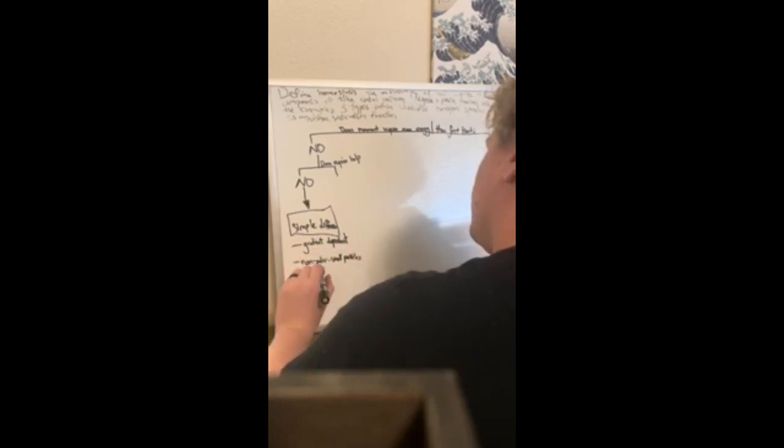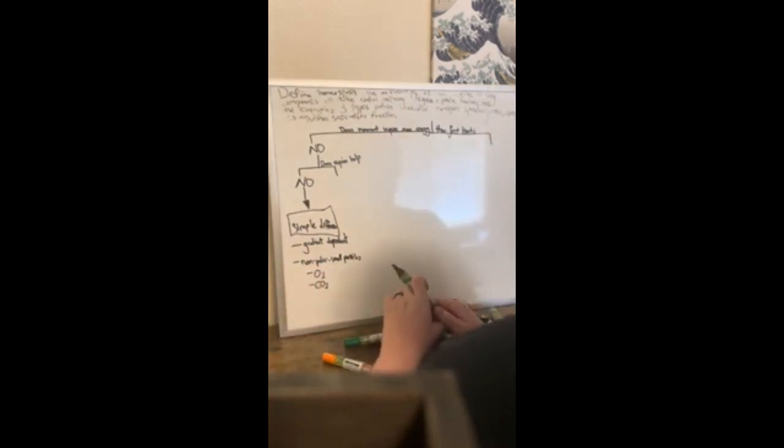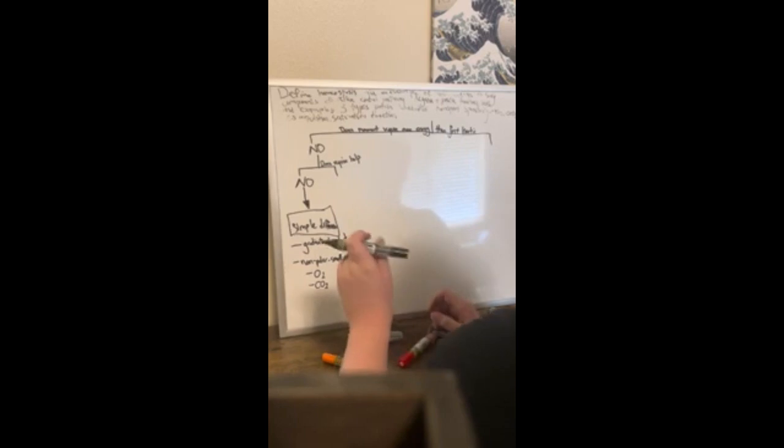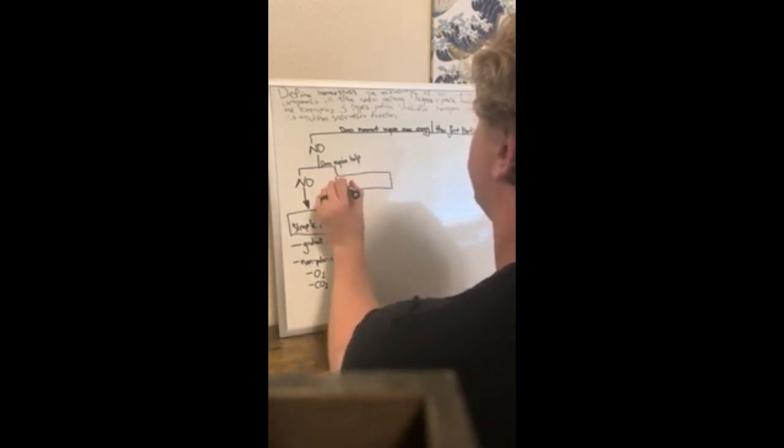Examples of this include oxygen and carbon dioxide. If an ion requires help to be able to go into the cell but does not require more energy than just kinetic, we call that facilitated diffusion.